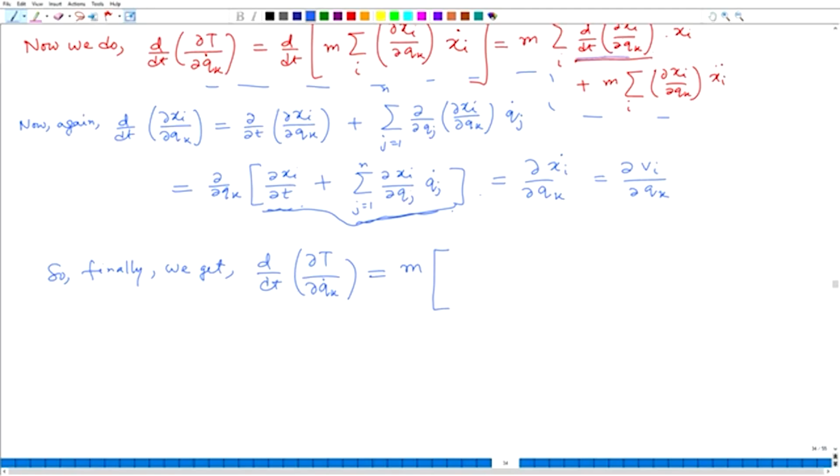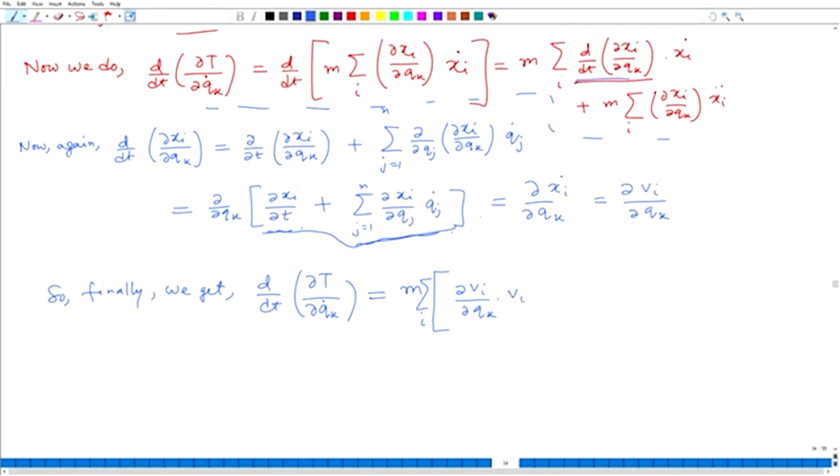So, summation over i, I can say this is nothing but m ∂v_i/∂q_k times v_i, because x_i dot is v_i, plus m ∂x_i/∂q_k times x_i double dot.